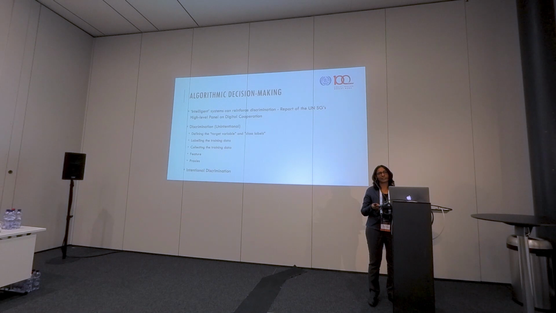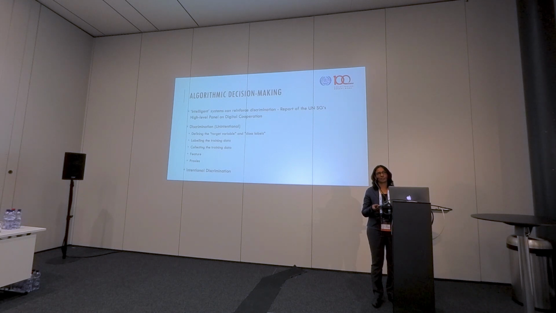The report clearly highlights the problems with algorithmic management and the usage of AI. It shows certain benefits, but also says that intelligent systems can reinforce discrimination if the data fed into them is biased. So the discrimination can be unintentional, but it can also be intentional.